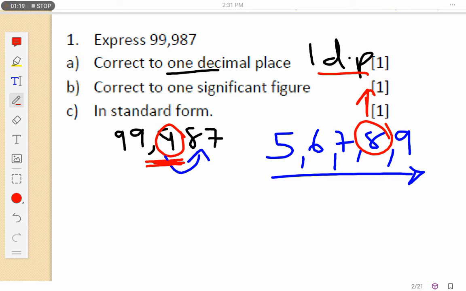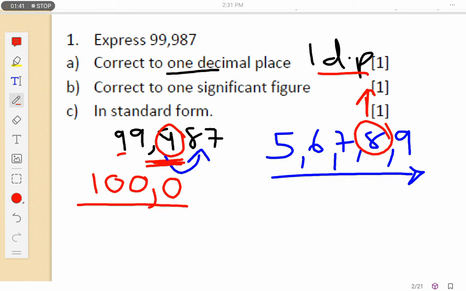So I'll have a 0 here and a remainder 1. 9 plus 1, I'll have a 0 again. Then here, 9 plus 1, I'll have a 10. So this becomes our answer, and it is to one decimal place because we've got a decimal place there.